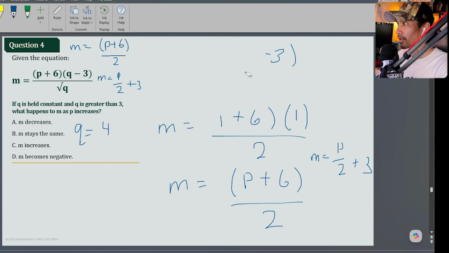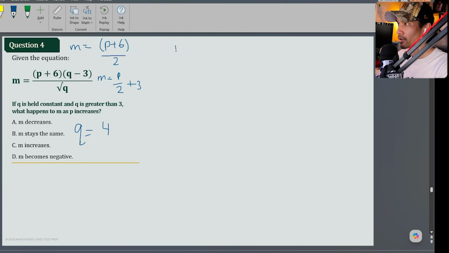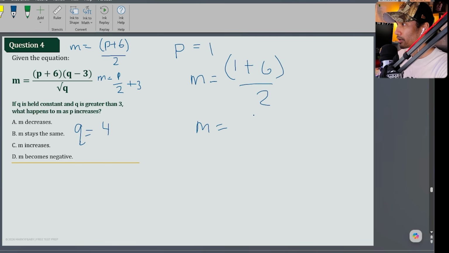Let's go ahead and erase everything, and let's go test some numbers. I'm going to choose P is equal to 1. Then I have M equals 1 plus 6 over 2. M is equal to 7 over 2, which equals 3.5.